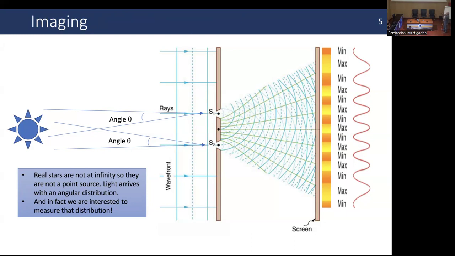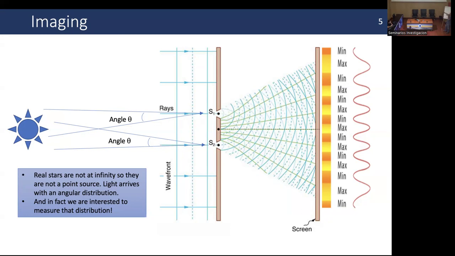So yeah, in real life, stars are not at infinity, so it's not a plane wavefront. You have a distribution of angles, right? Stars are very small, but there's a very small angular distribution. And we are in fact interested in measuring this distribution. Measuring the distribution means that you measure the angular size of the star, okay?